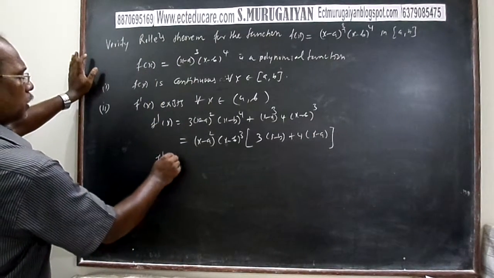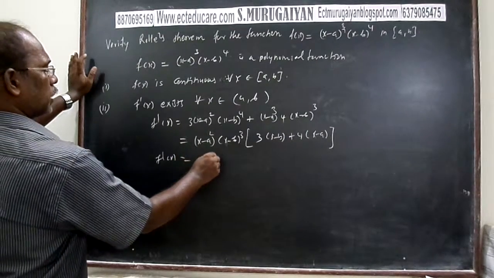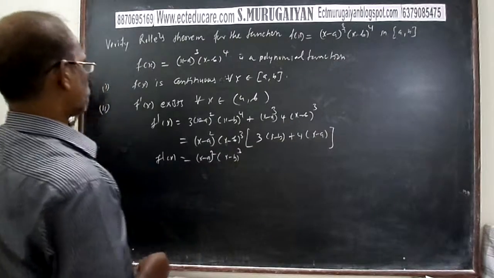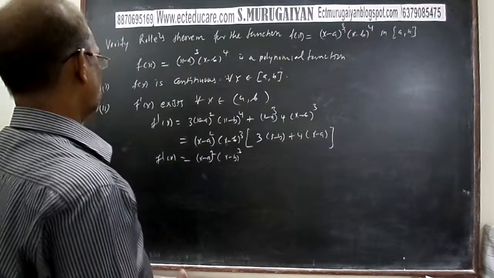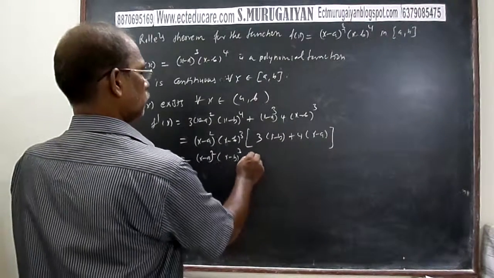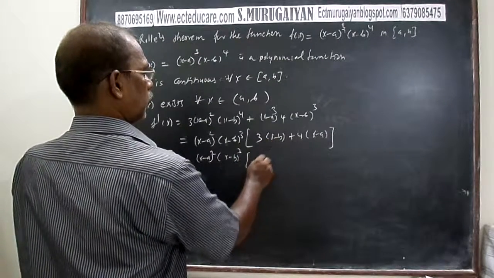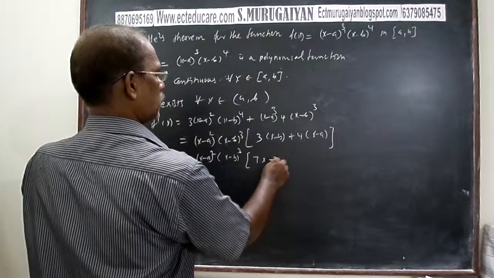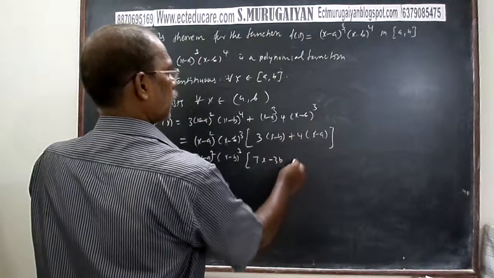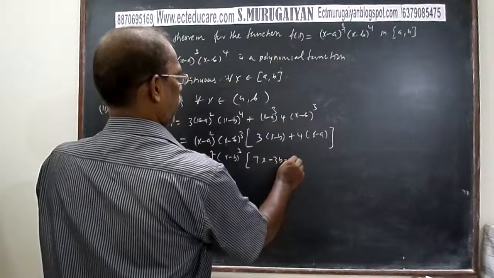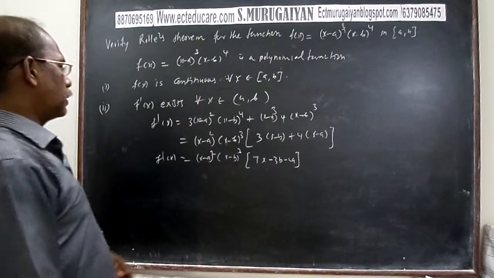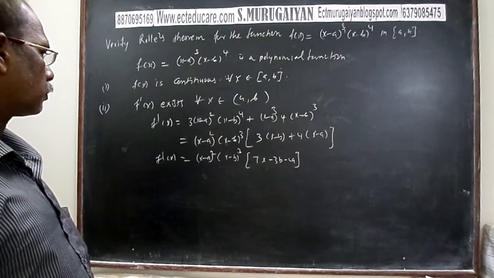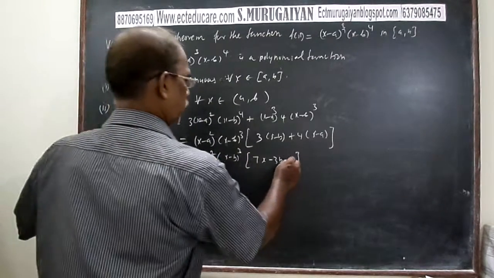Then f dash of x equals (x minus a) the whole square and (x minus b) the whole cube, then 3x plus 4x is 7x minus 3b and minus 4a. Okay, this is f dash of x.